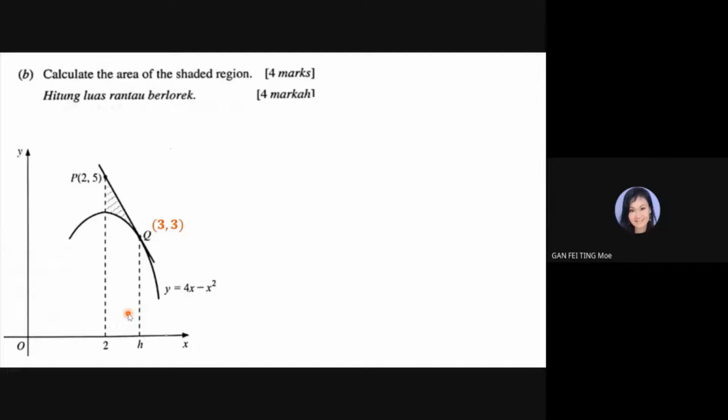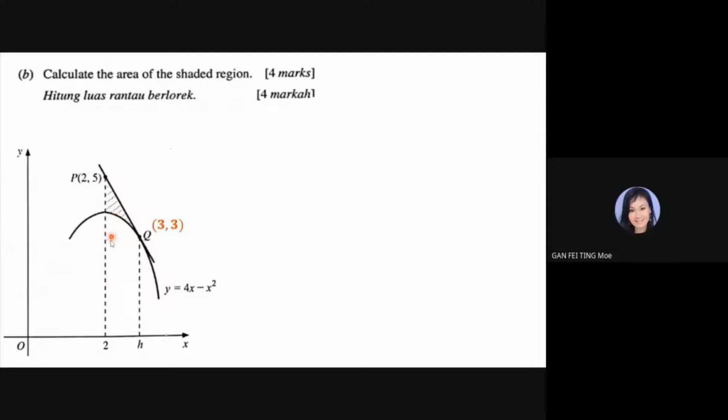Area of what? If I draw you this, what do you see this shape as? This is what shape? Trapezium. Yes, this is the area of a trapezium.